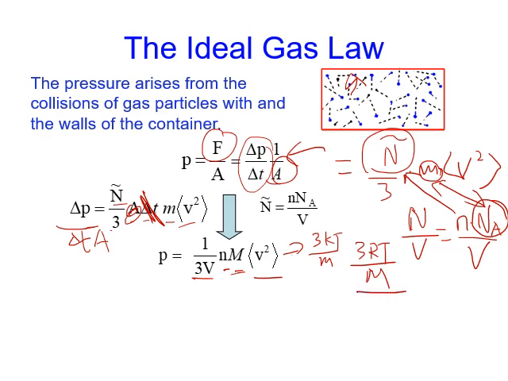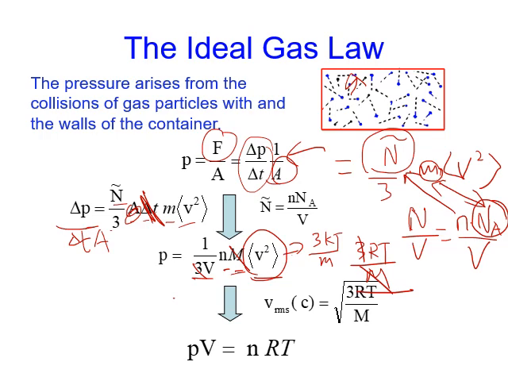So if you use this one and replace this, the 3 cancel each other, and the molar mass cancels, and what you have is nRT over V. So pressure equals nRT over V. And that's exactly the ideal gas law, or PV equals nRT.